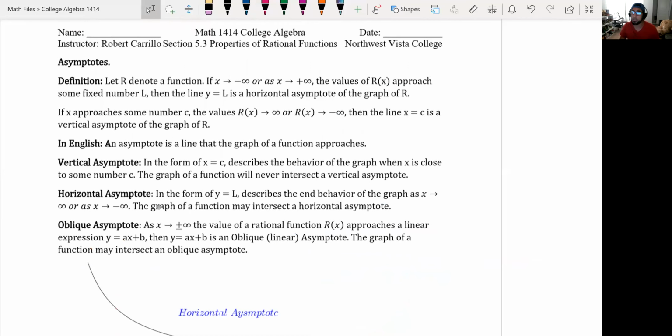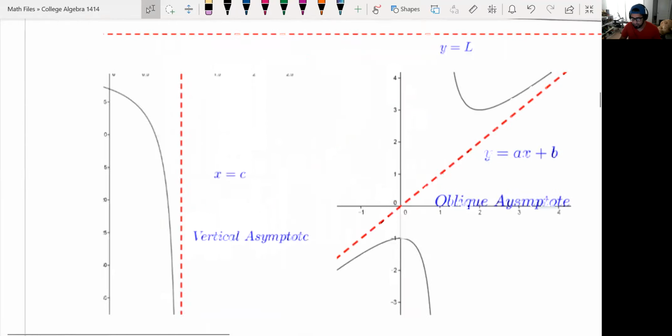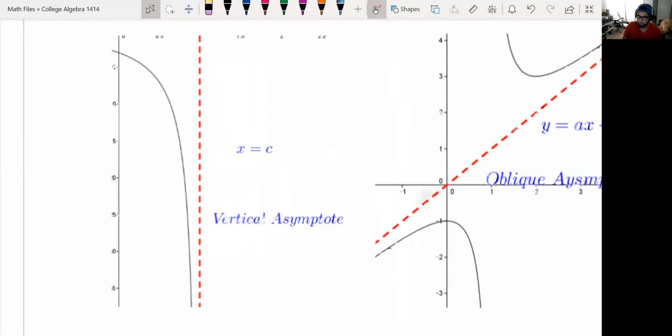The next definition up there says, as x approaches some number c, the values of the rational function, the y values, will either approach infinity or negative infinity. Then that line, x equals c, is called a vertical asymptote of the graph of R. Just like we have right here, second picture.